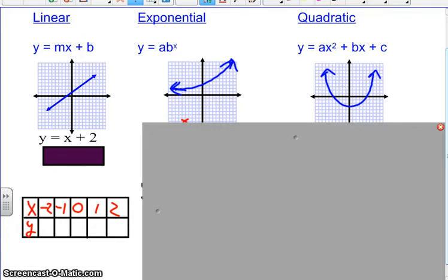When we plug in 0, what do we get? 2. When we plug in 1, what do we get? And 2? And -1? And -2. Okay, so we have placed our domain, the x values, in increasing order.